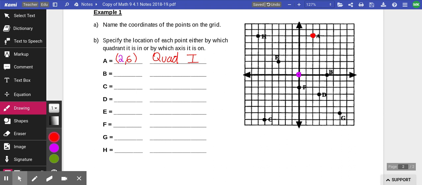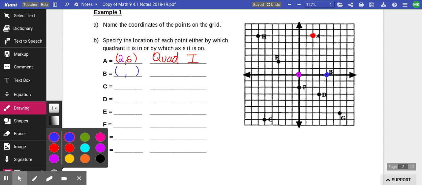If we look at B, B is this blue one that I'm putting over here. If I want to figure out the coordinates for it, you want to do X first, Y second. X is how far to the left or right it has gone from the origin, the origin being this purple dot in the middle. It has gone 1, 2, 3, 4 spots to the right.